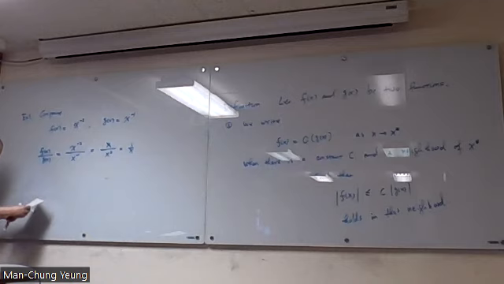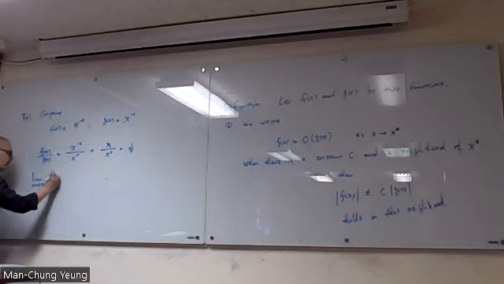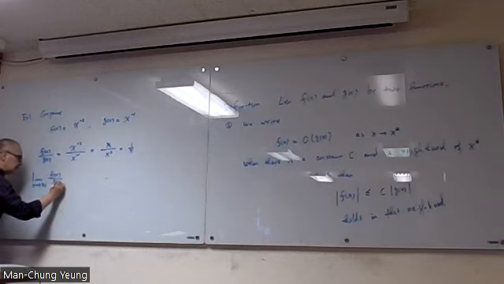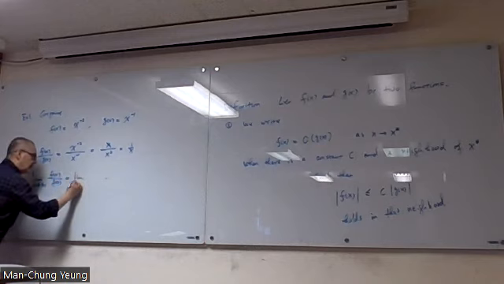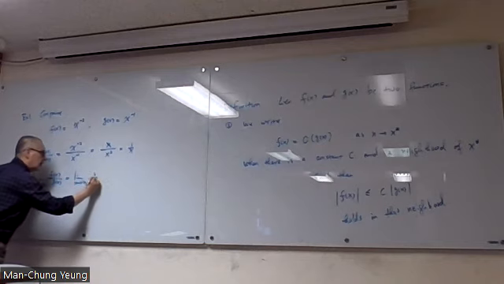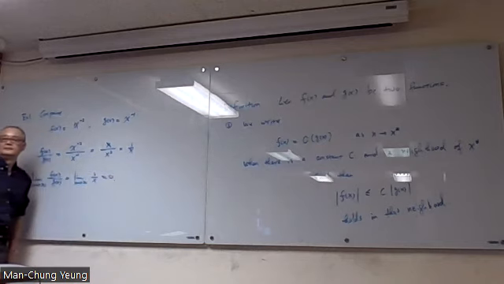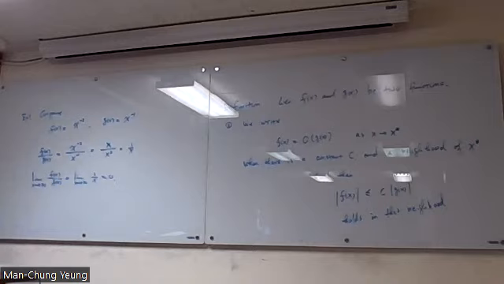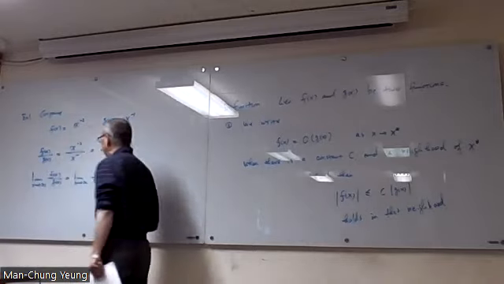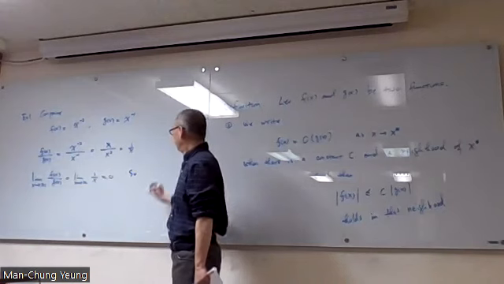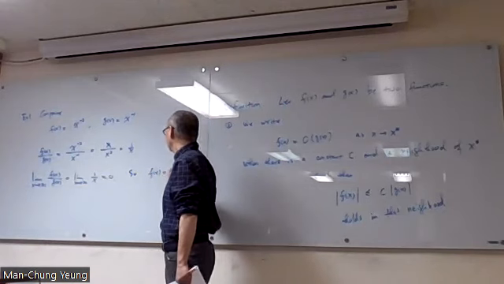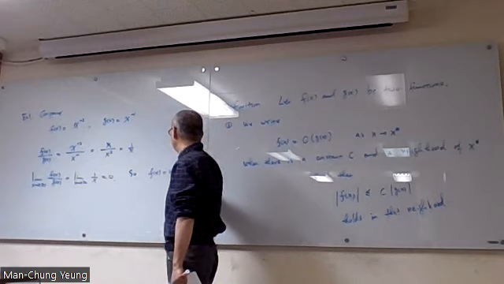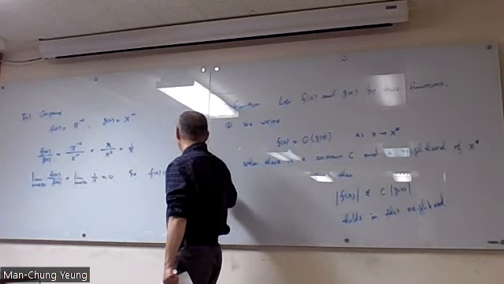Now, as x approaches infinity, f over g approaches 0. So we have f is little o of g as x approaches infinity.